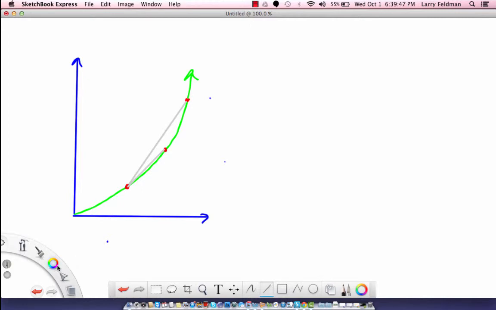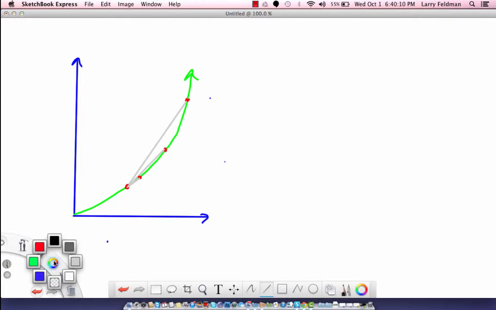Okay? And then let's keep going with this. Now let's move the second point there. What happens to the secant line? Now the secant line is here, which is very hard to see on this graph, but it's really getting very close to the tangent line.